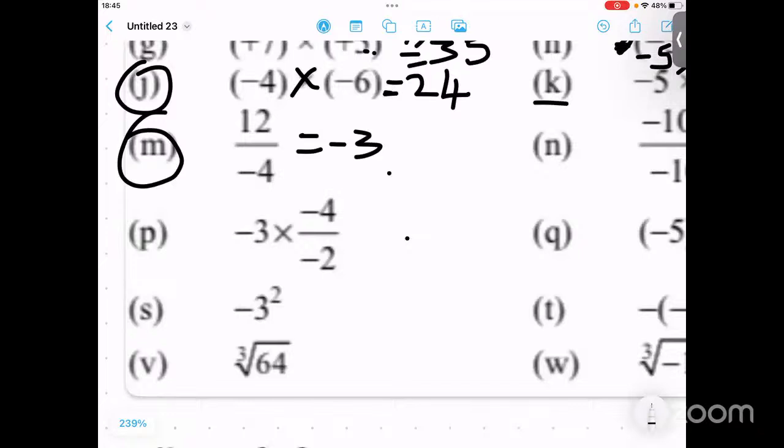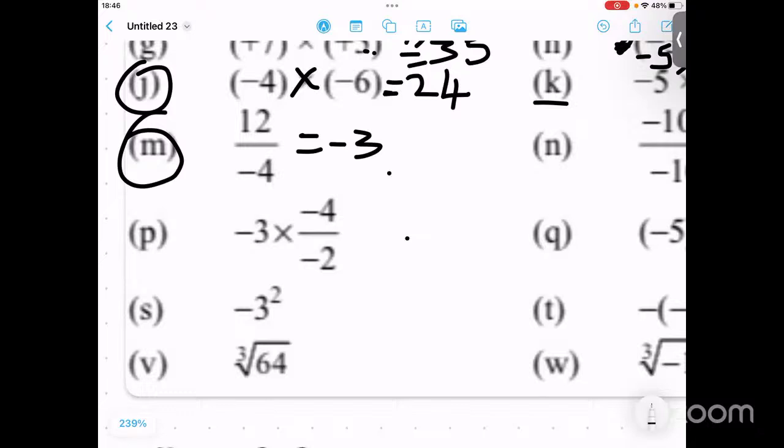Because a positive divided by a negative is negative.